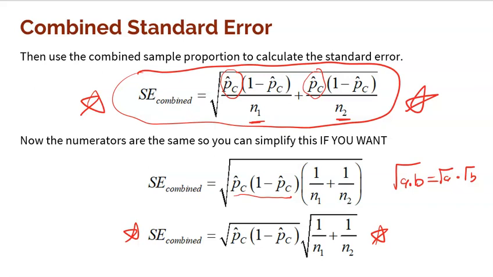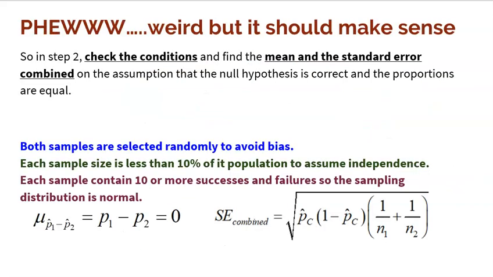Okay, so now at the end of the day, if we truly understand all that, step 2 is all about checking the conditions and building that sampling distribution on the assumption that the null is true. So once again, what do we need in step 2? We need our 3 conditions in blue, green, and purple. There they are. Same conditions we've been working with for a while. Then we need the mean.